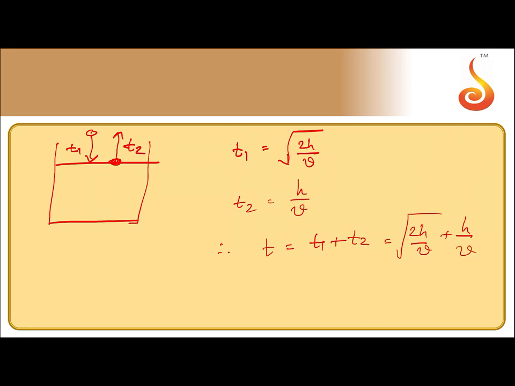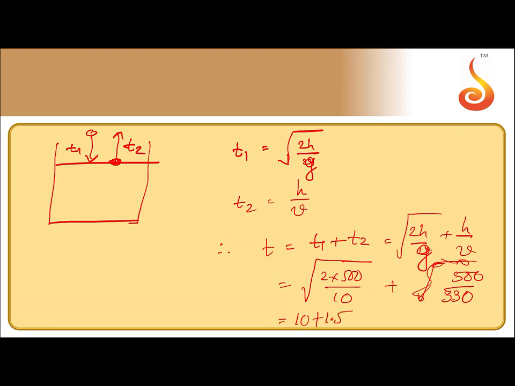With all the details here, this is square root of 2 into 500 divided by 10, acceleration due to gravity, that is g rather, my fault, 2h divided by g, plus h divided by v, which is 500 divided by 330, and that adds to 10 plus 1.5, which is equal to 11.5 seconds.